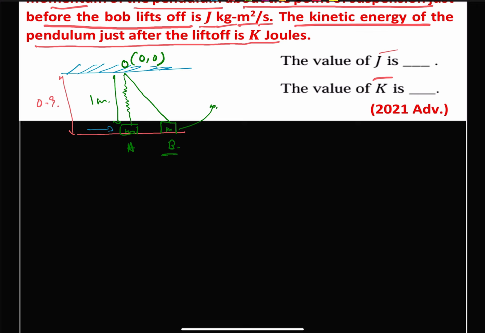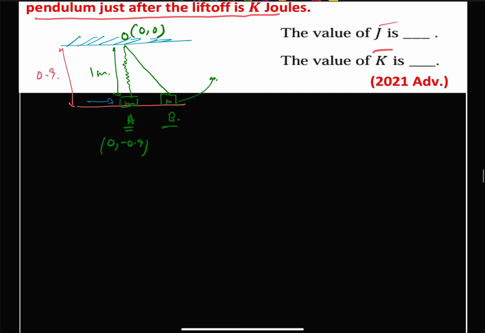The point on the floor, this is point A, will be (0, -0.9). We have to remember that A is the initial position of the bob.